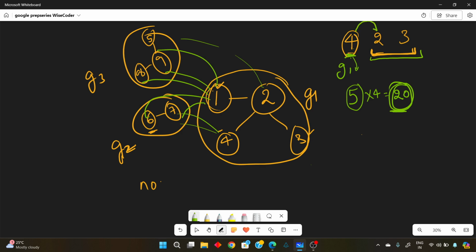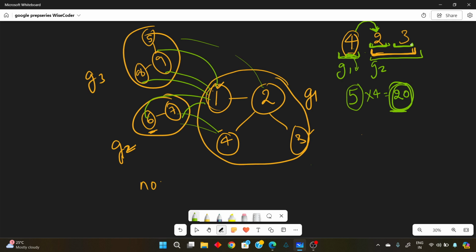Now you'll go to the next group. For this group 2, these are the people of the remaining groups who are unknown, because with group 1 people we have already formed the pairs. How many people are there in group 2?